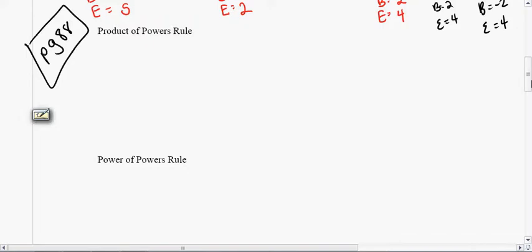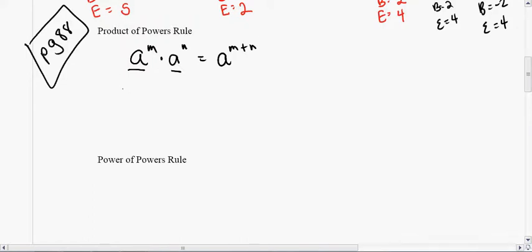So the product of powers in your book looks like this: a to the m times a to the n, and the rule says if the bases are the same, so they're both a in this case, you can add the exponents together, a to the m plus n.